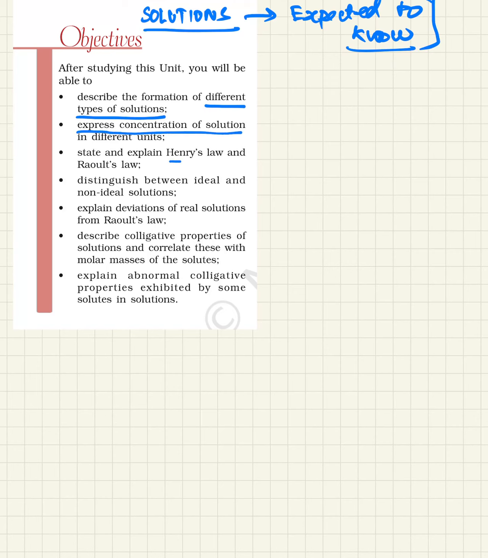Third is Henry's law and Raoult's law. Fourth is ideal and non-ideal solutions. Fifth is deviations of real solutions in Raoult's law. Sixth is colligative properties, and seventh is abnormal colligative properties. So we have 7 different objectives: 1, 2, 3, 4, 5, 6, 7.